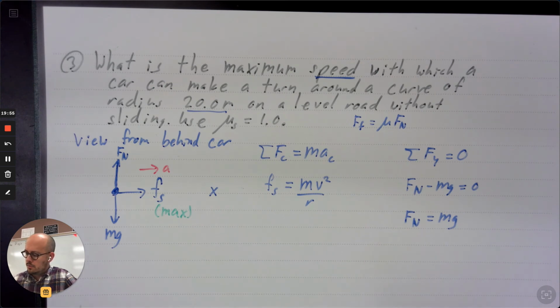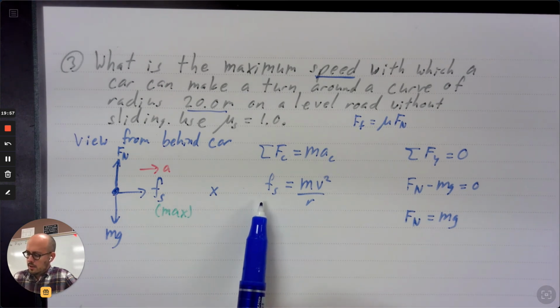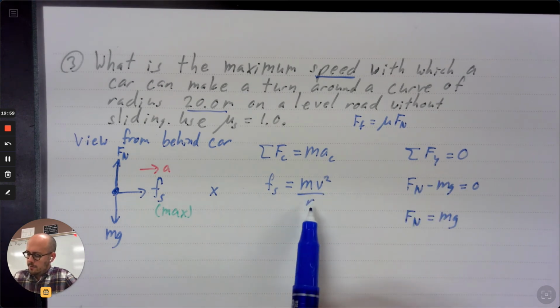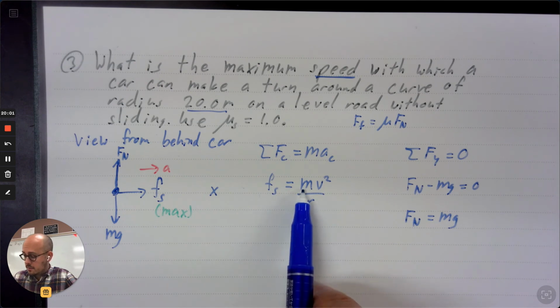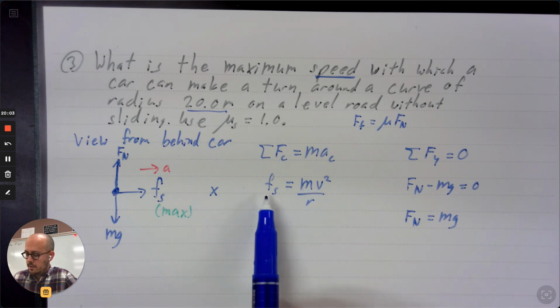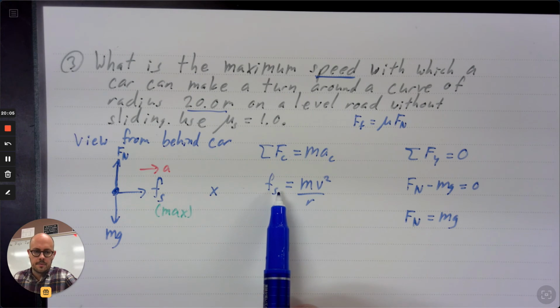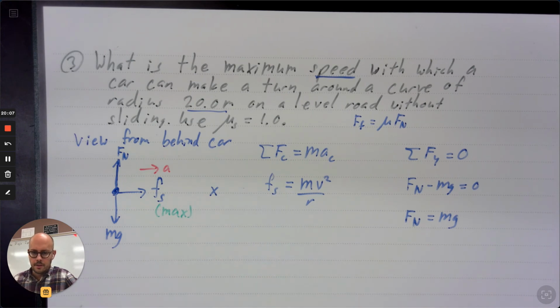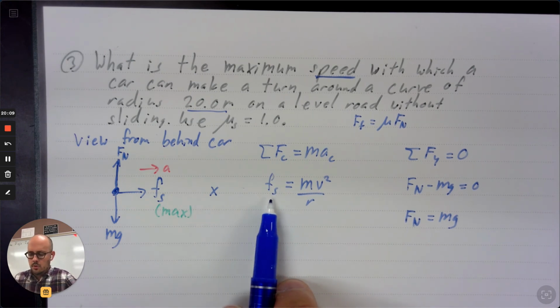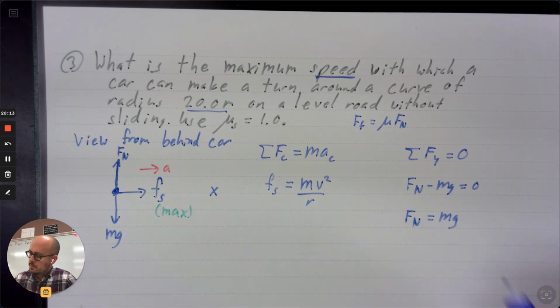And so the next step is, I only have the radius. I don't have the mass of the car, and I definitely don't have the force of static friction. So from a problem solving standpoint, what I need to do is derive some more. So we've done this before.